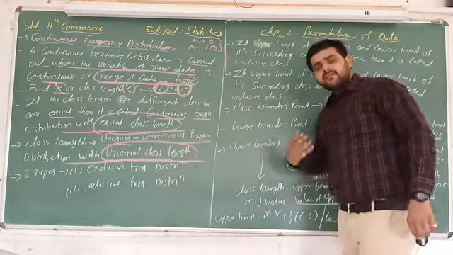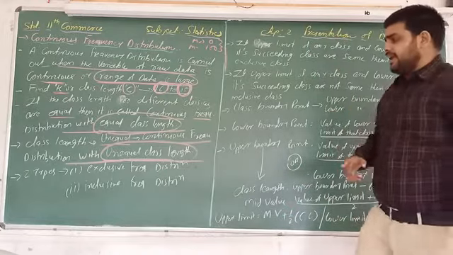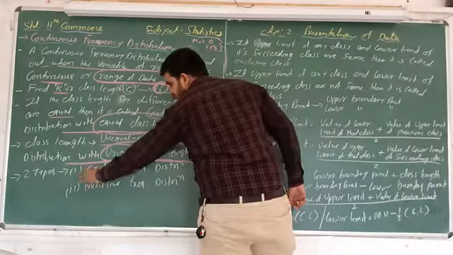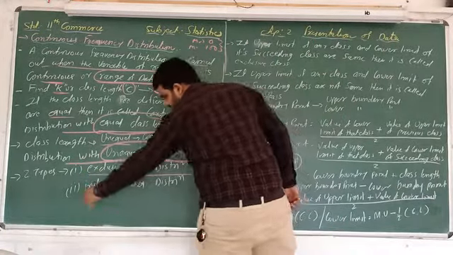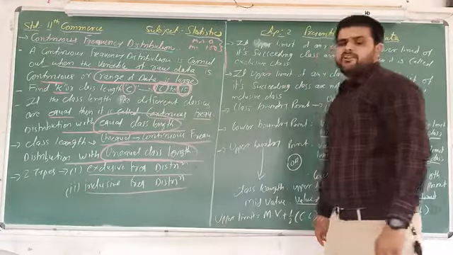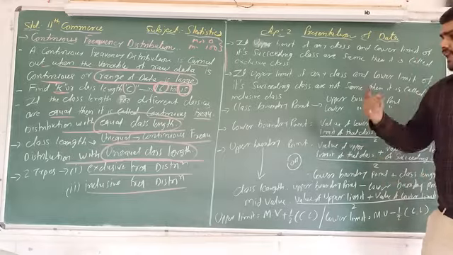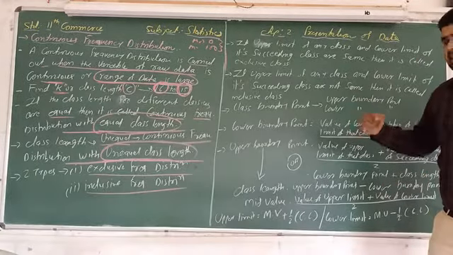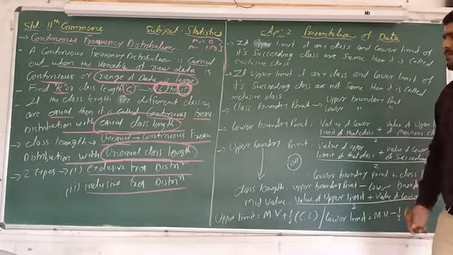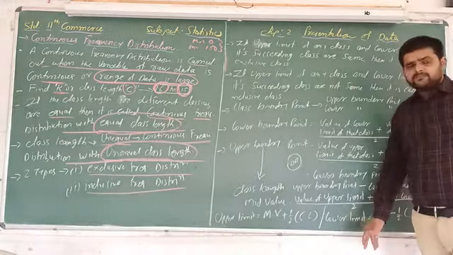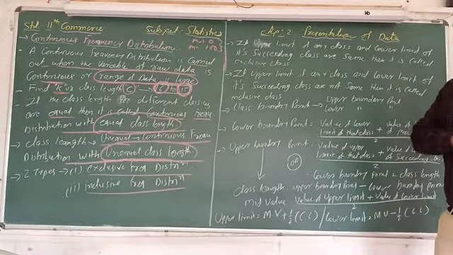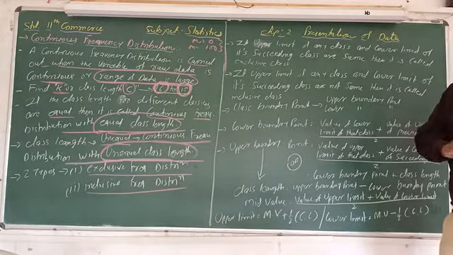Thereafter, again there are two types of frequency distribution: number one, exclusive frequency distribution, and number two, inclusive frequency distribution. Now we will discuss what we mean by exclusive frequency distribution, and then inclusive frequency distribution.